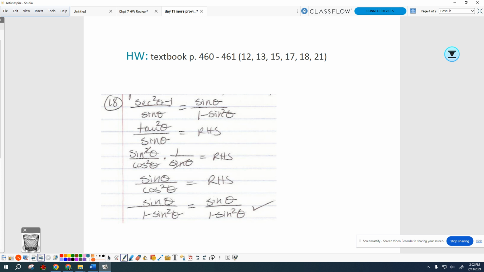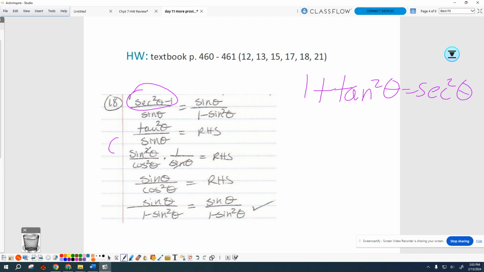So we did, just real quick, number 18 from last night's homework. An identity. We will give you these, the ones that have all the squares in them, but you need to know how to use them.